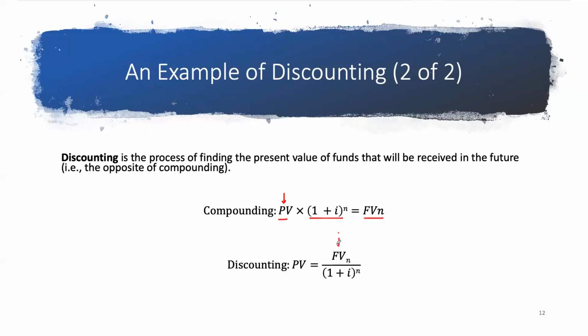Here the future value is known, so I know what payment I'll receive. I know in how many years I have to wait to receive that payment, and I know what interest rate I have to forego in order to receive that payment in that period, and that tells me what the present value is. Okay, it's just the opposite of compounding.